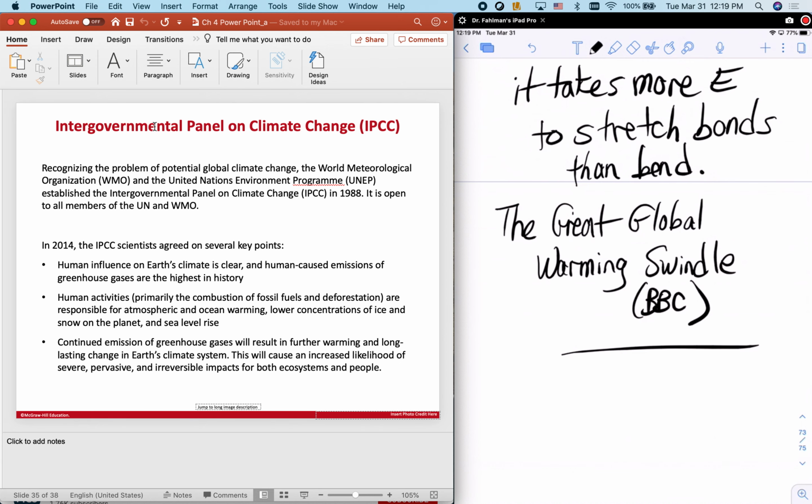There's this Intergovernmental Panel on Climate Change, or IPCC. And their latest report, I think, is 2018, actually, but they all agree that human influence on climate is clear, and they give grave warnings, really, if we don't do something about it. The real question is, what could we do at this stage? I think it's almost too late to do anything, to be honest.